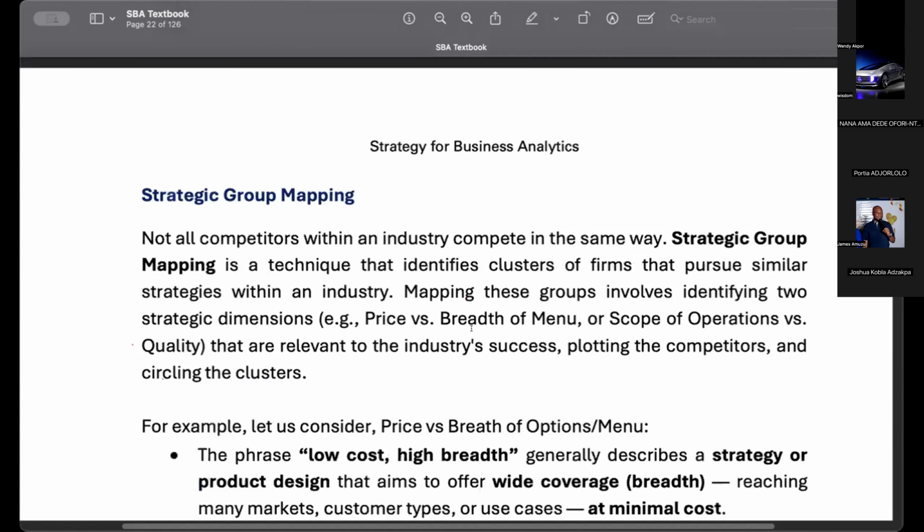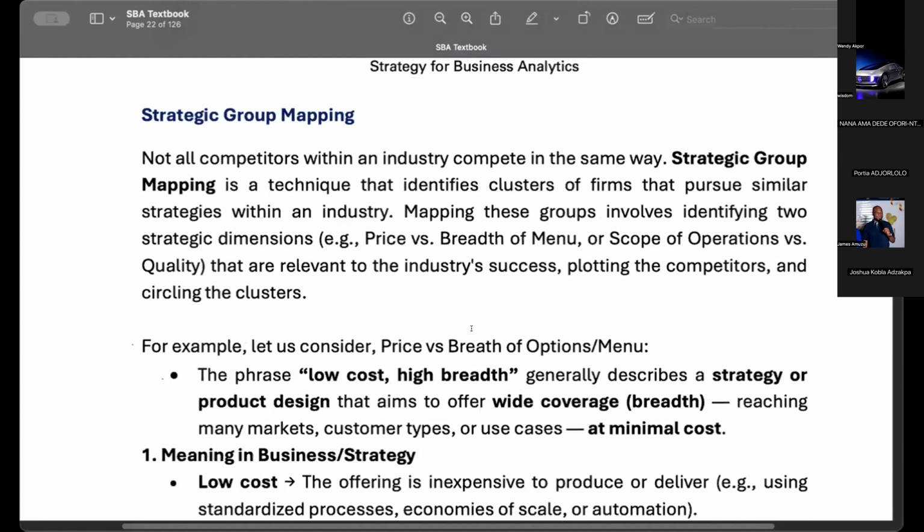Good. Then the interesting one is called the strategic. Yes, go ahead, Stephen. I don't know if I might be on the right track with the question I'm asking, but can we say that the PESTEL framework has more to do with looking at all other factors, which include political, economic, cultural, amongst others?